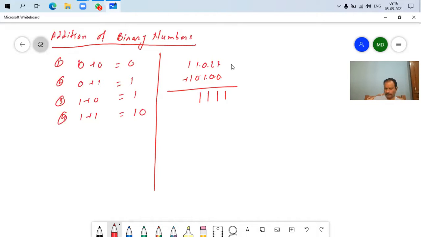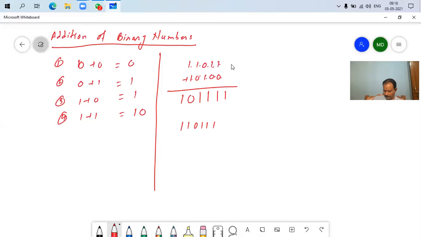And 1 plus 1 is 10. Clear? Hopefully. Now take another example, 110111.